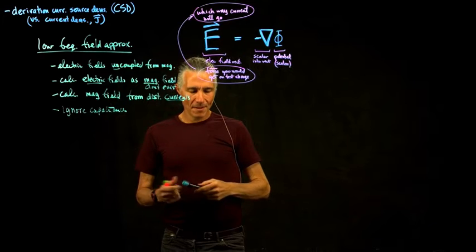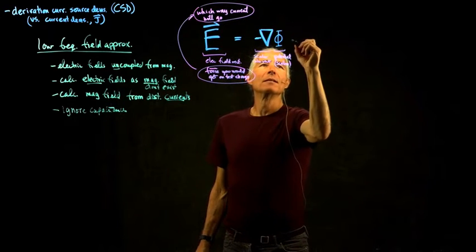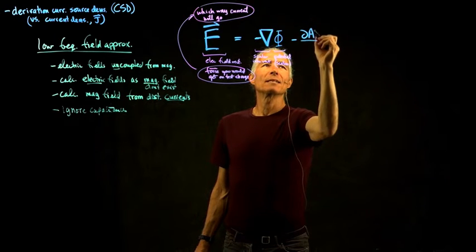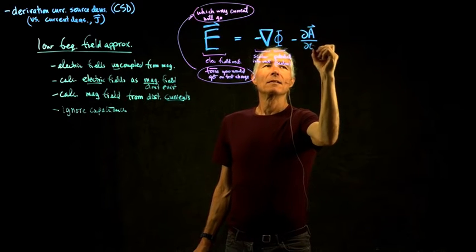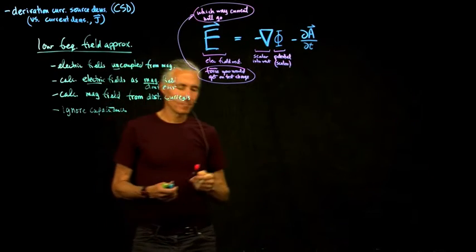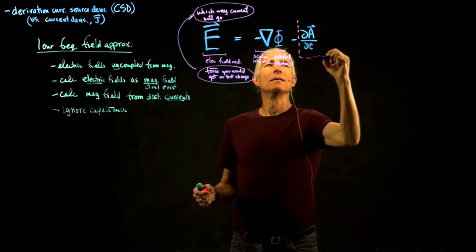Okay, so then there's another part of it. This is the part that we throw out. There's another part, which is how rapidly is the A vector changing? That's the part that we toss. We ignore this.